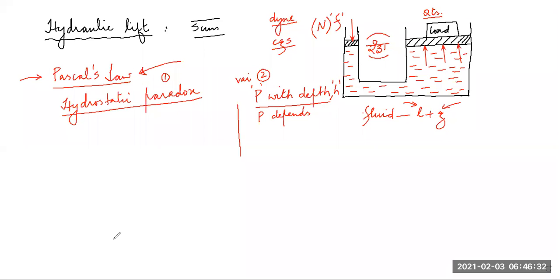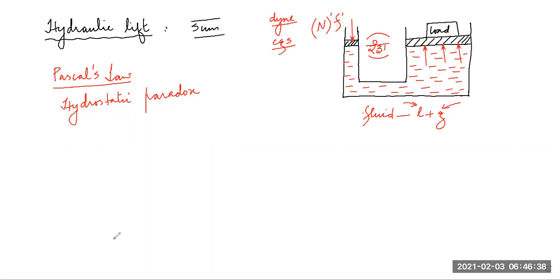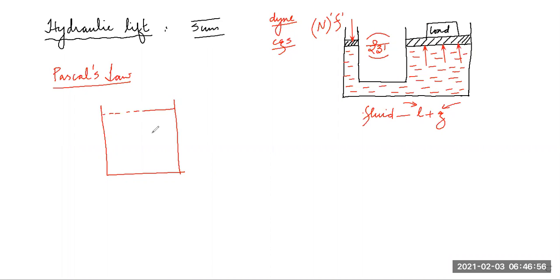So what is Pascal law, students? Once you understand Pascal law, very simple would it be for you to understand how this hydraulic lift is operating. Okay, so Pascal law says, this is the container. In this container, this is a free surface of a liquid.